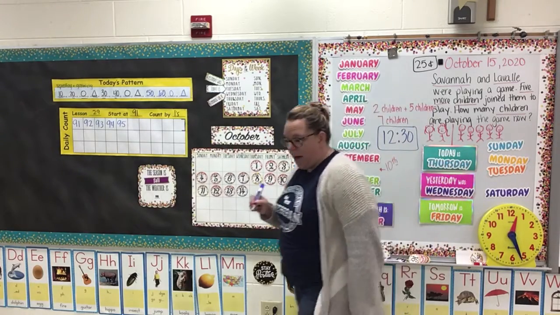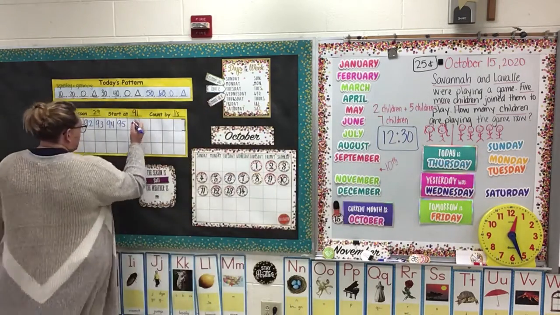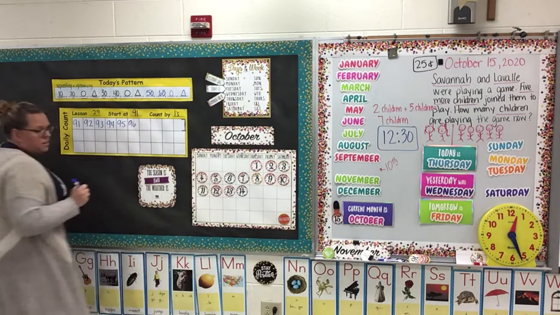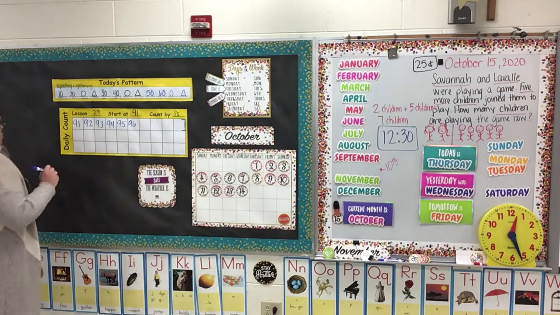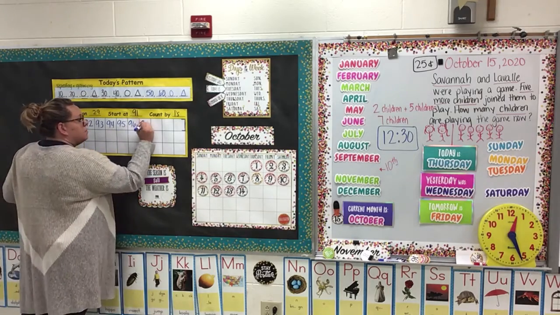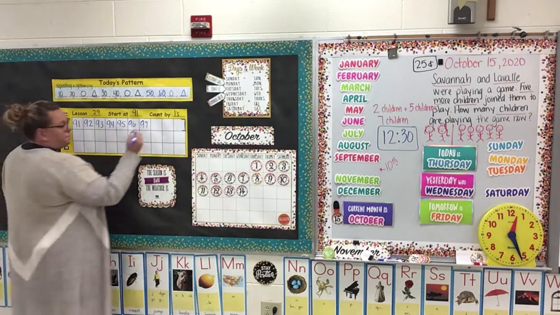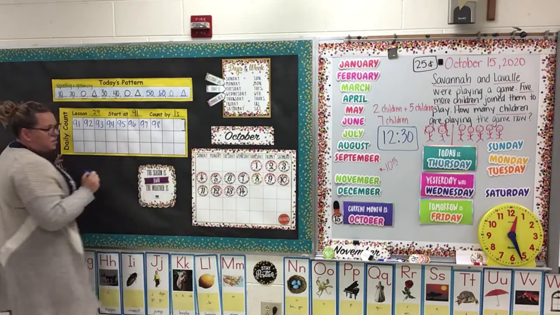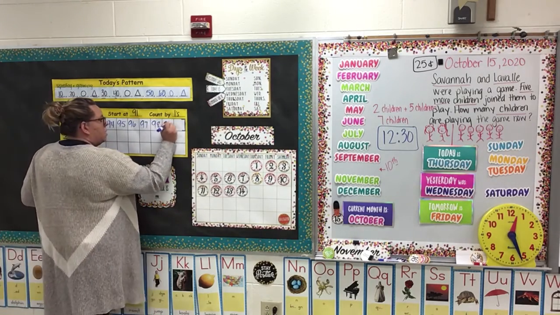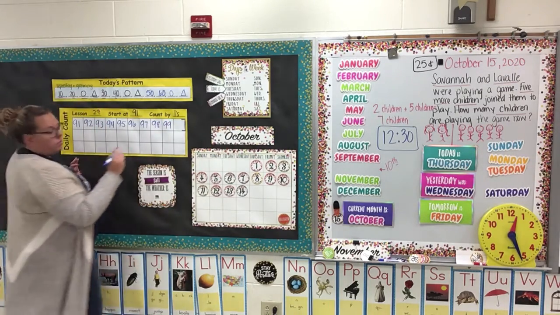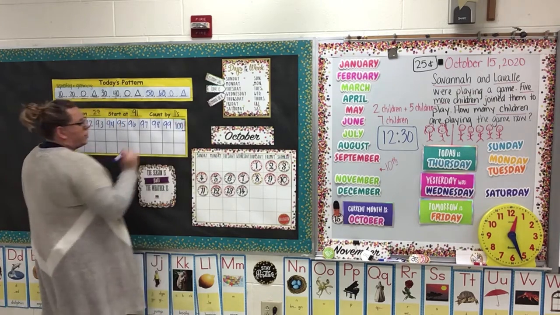Okay, let's check what you have. After 95 comes 96. After 96 comes 97, 98, 99, 100.